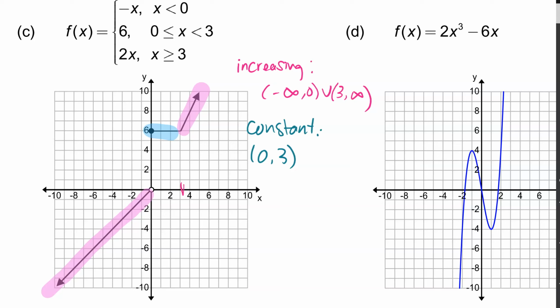But at x equals 3, is this part of the constant interval or the increasing? That's why we don't include it, because it technically could be part of either one. So that's why we just cut it off. We can't have it be part of more than one interval. Okay, so try E.